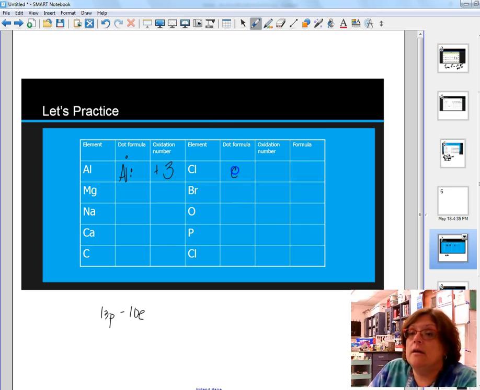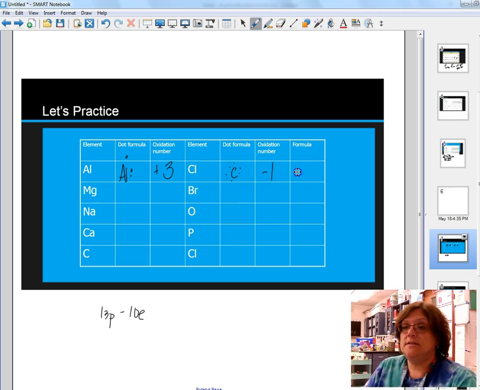Chlorine, on the other hand, has 7 outer shell electrons. He needs to gain 1. And we put these together. Aluminum is going to give 1 of his electrons to this chlorine, and he's going to say, bring 2 friends. So ultimately, aluminum is not going to be satisfied until he has 3 chlorines attached to it. Okay? This meets the law of zero charge.